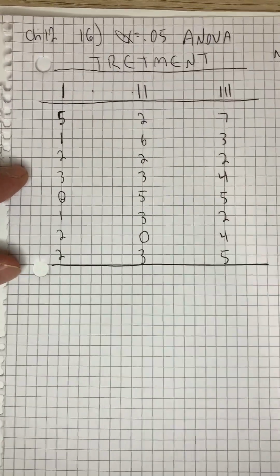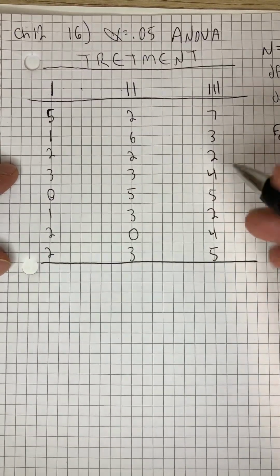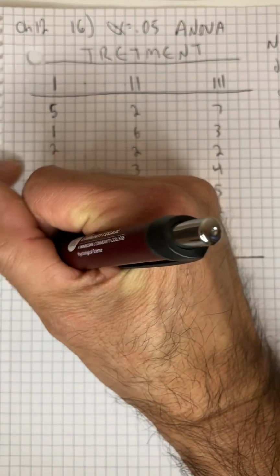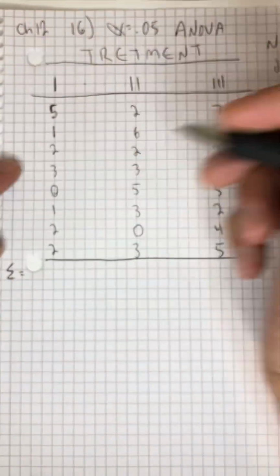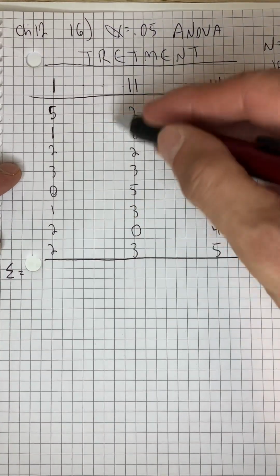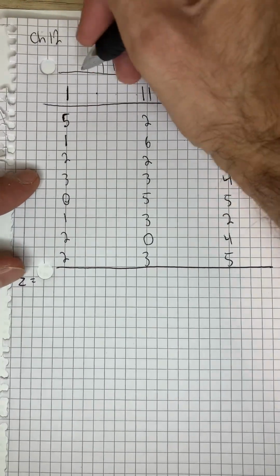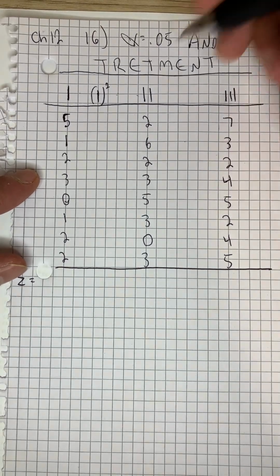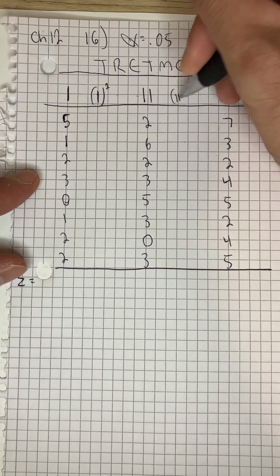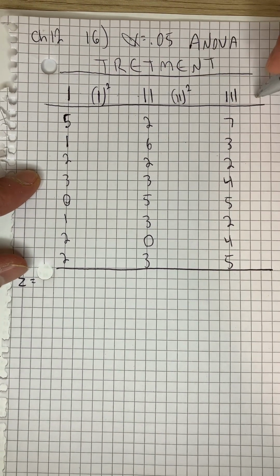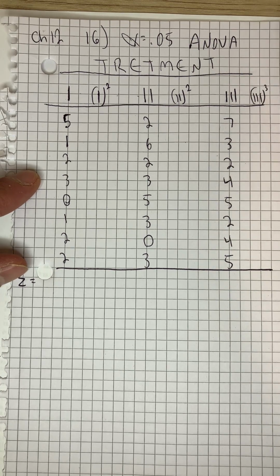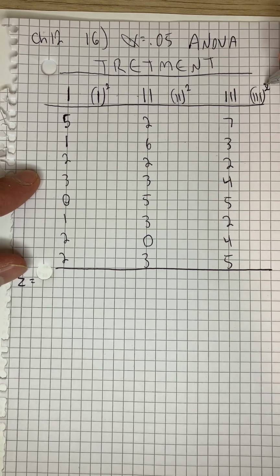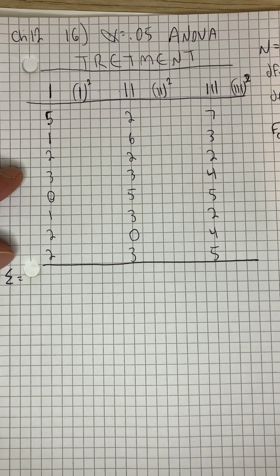Okay, so the first thing we want to do is start summing up these columns, and then we can also sum up the squares of these columns. For instance, we want our first treatment squared, our second treatment squared, and our third treatment squared, not cubed.